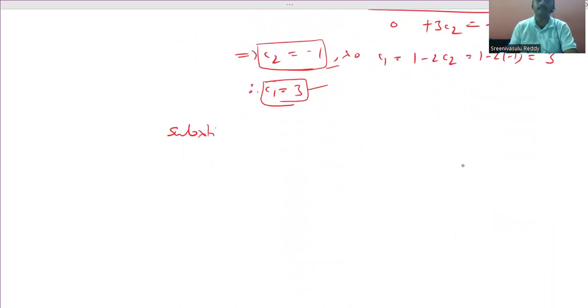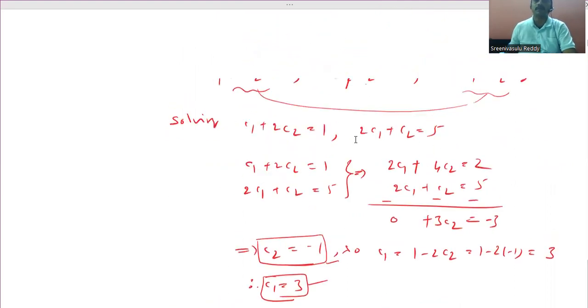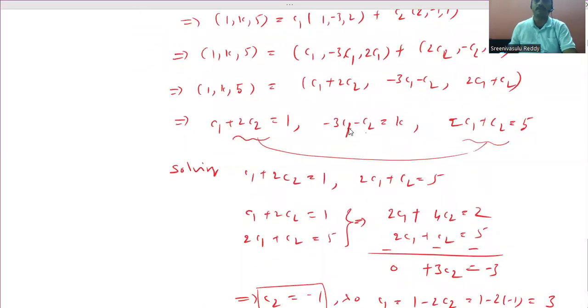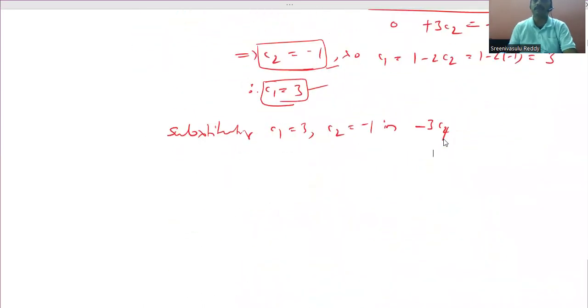Substituting C1 equal to 3, C2 equal to minus 1 in the second, middle equation: minus 3C1 minus C2 equal to k.